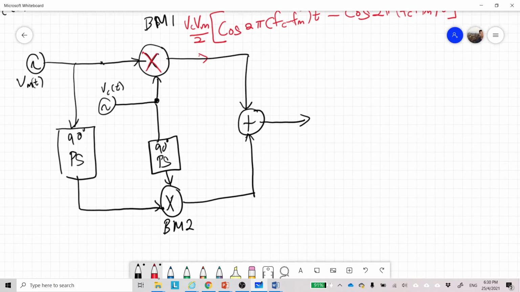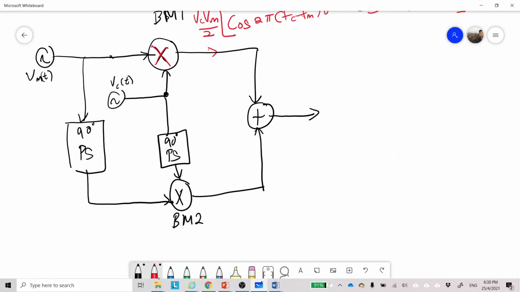What happened at the second balance modulator? So you see that this is a 90-degree phase shift. So a 90-degree shift from the sine function will produce a cos function. Okay, cosine function. 90 degree of sine is cosine. So here is Vm cos 2 pi FMT.